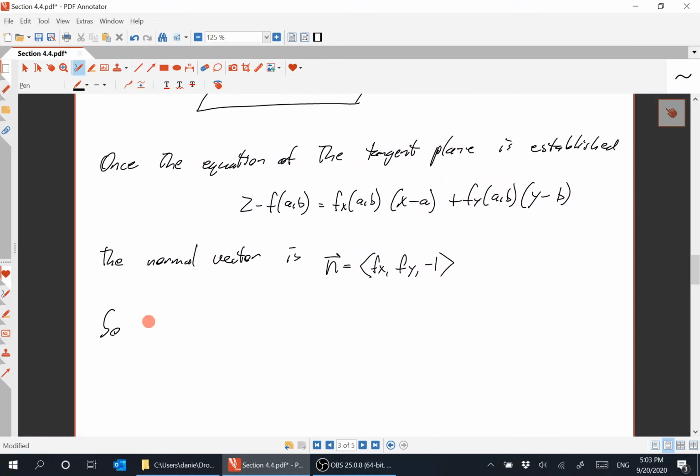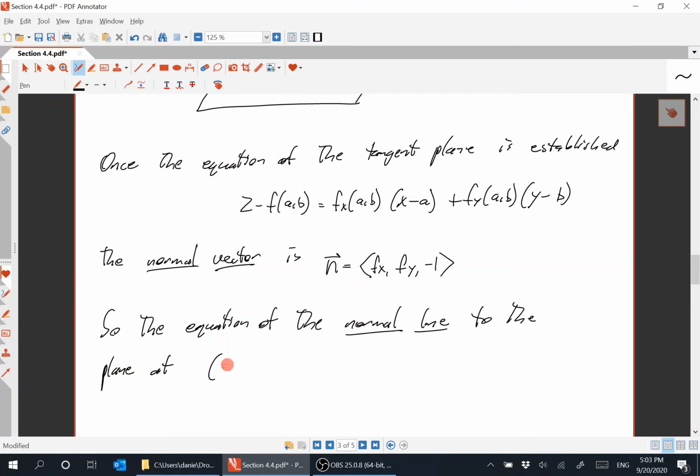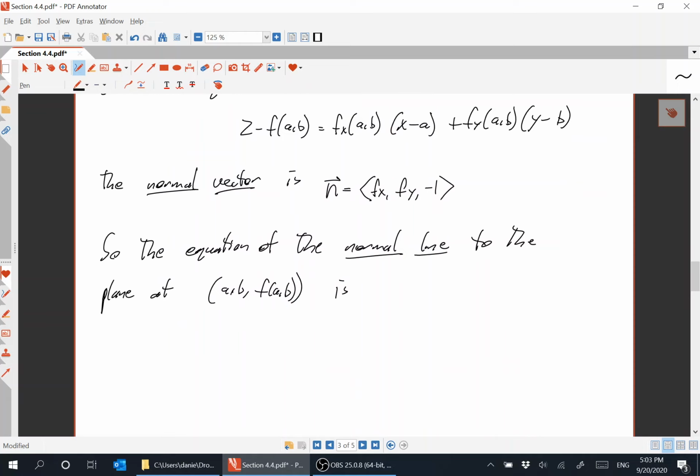So the normal line to the plane at (a, b, f(a, b)): here we have to use parametric equations.